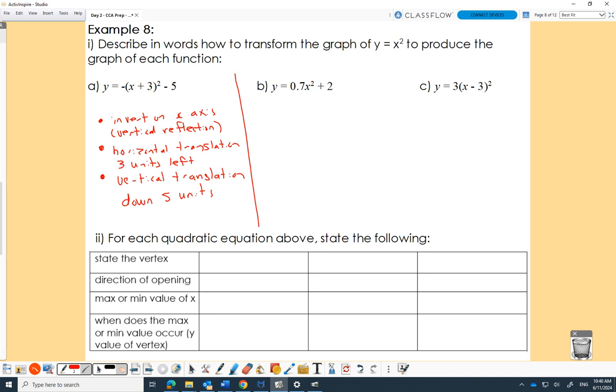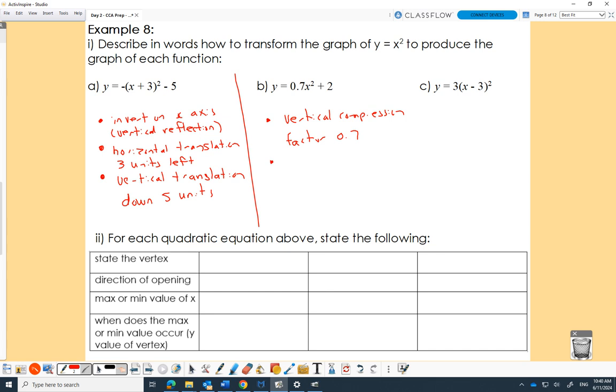How many transformations does B have? 2. Which one would you like to talk about first? Yeah, vertical compression. Factor 0.7. How did you know it was a compression?